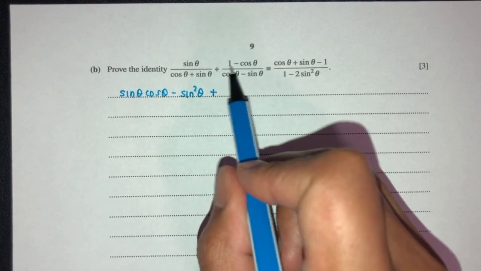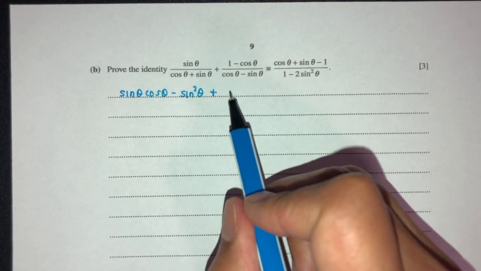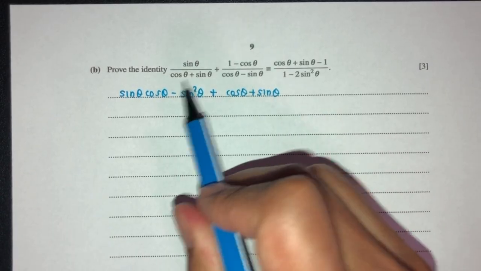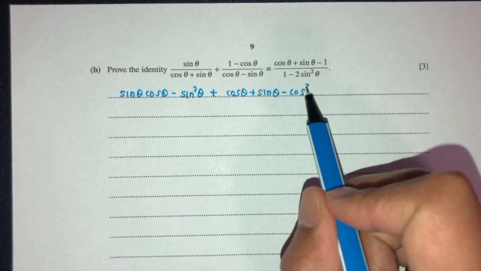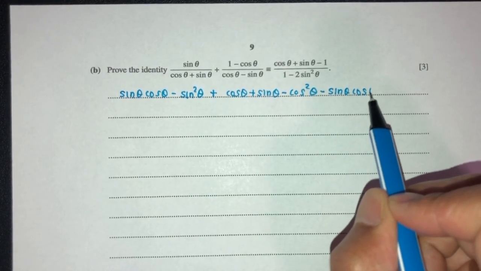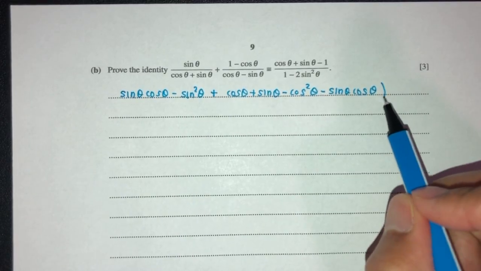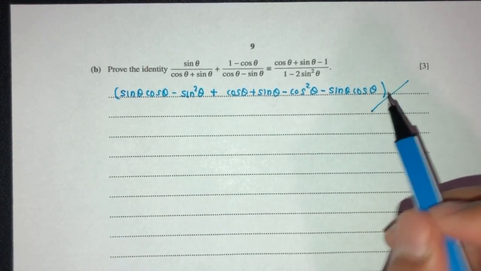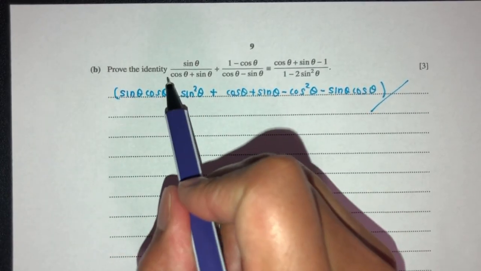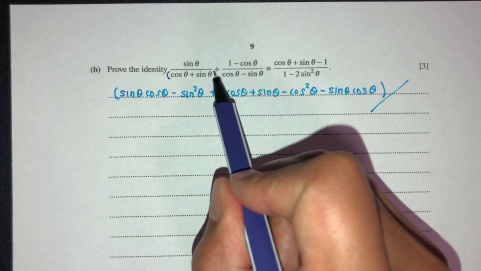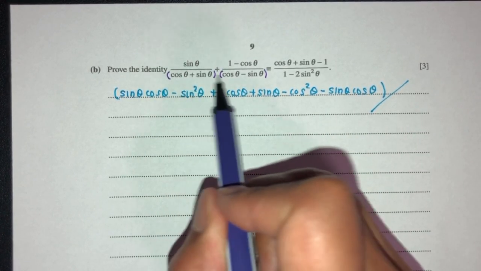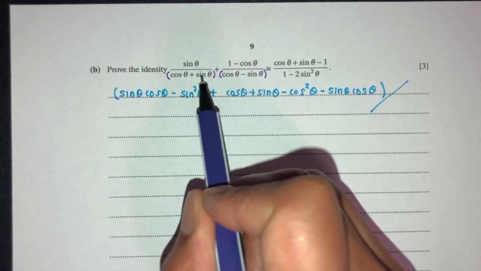Now plus this thing times this, so 1 times this will become cos theta plus sine theta, minus this times this, which will become minus cos square theta minus sine theta cos theta. And of course this whole thing will be over these times this. Now by observation, you will learn this by experience, this is cos theta, sine theta, but here we have plus minus.